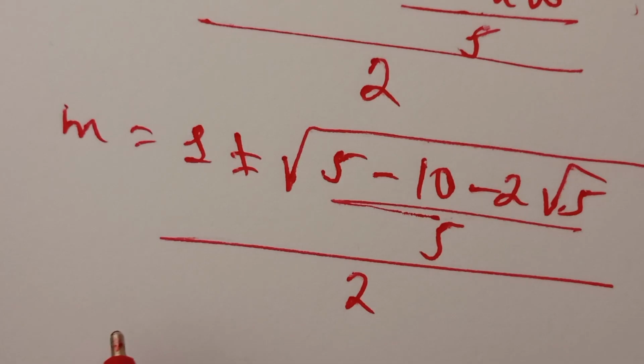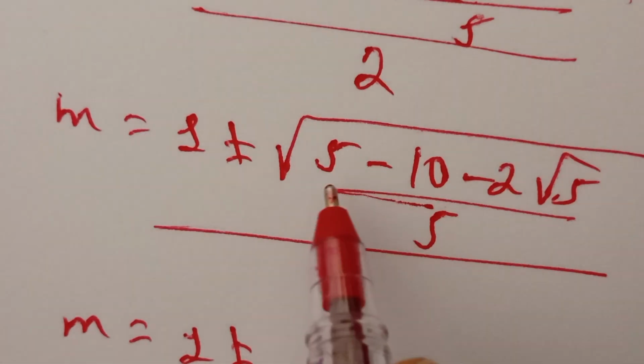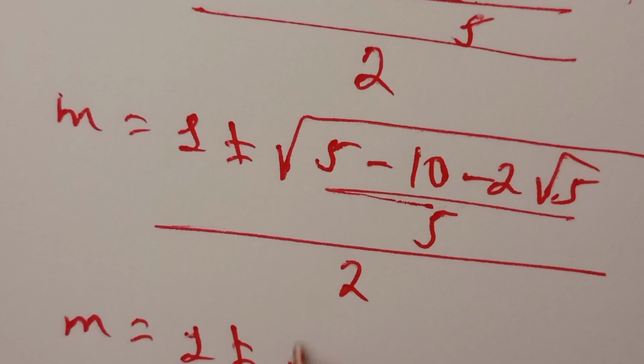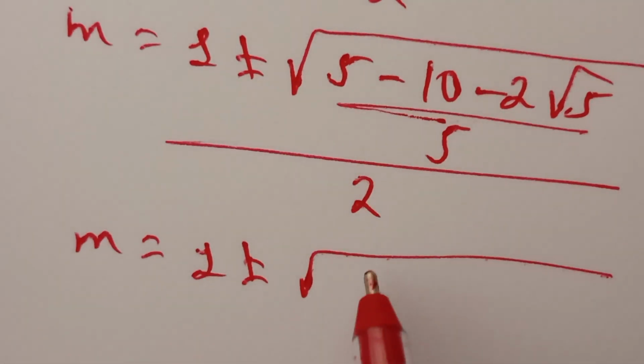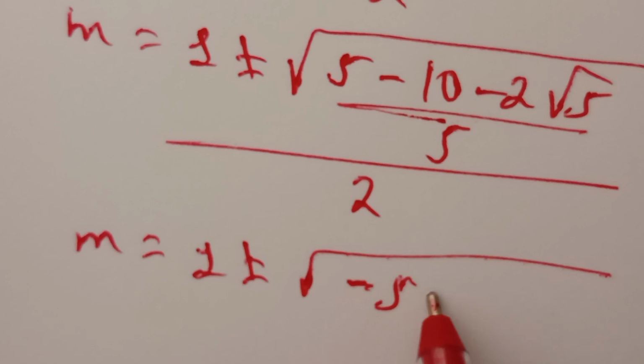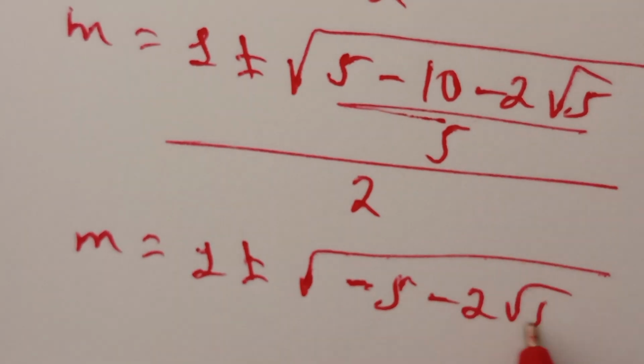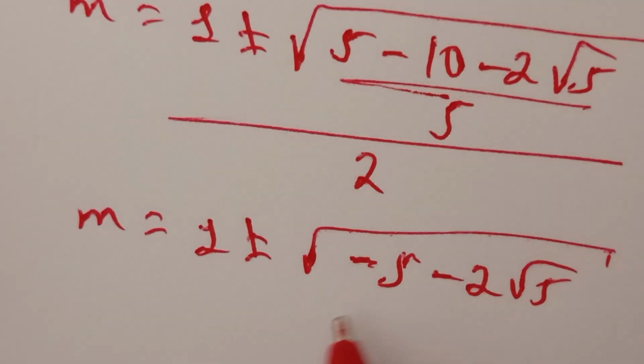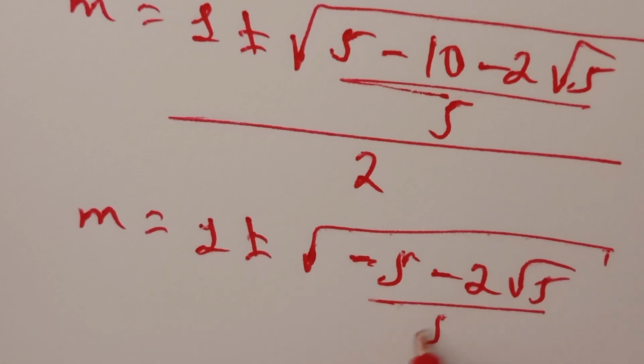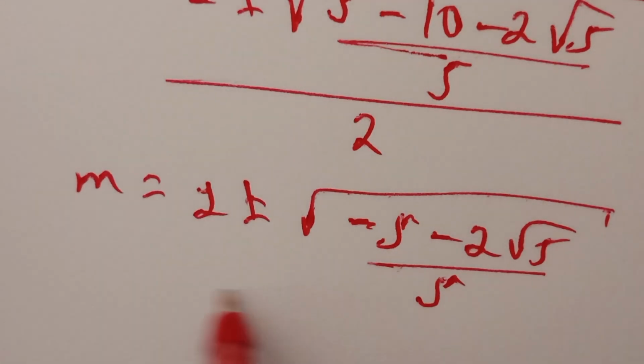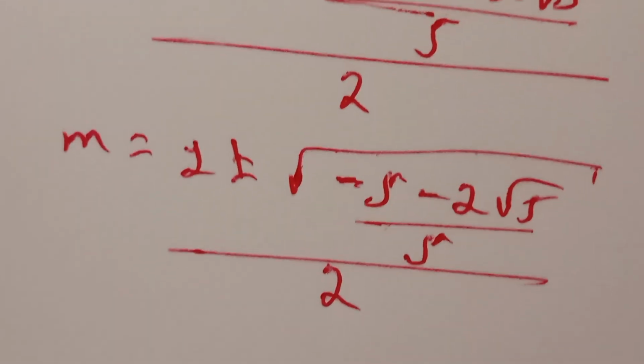And this becomes m is equal to 1 plus or minus the radical of (5 minus 10 minus 2 root 5) over 5, all over 2. This becomes m is equal to 1 plus or minus the radical of minus 1 times (5 plus 2 root 5) over 5, over 2.